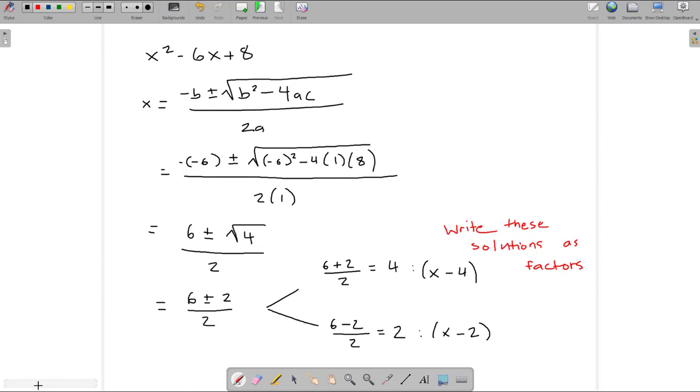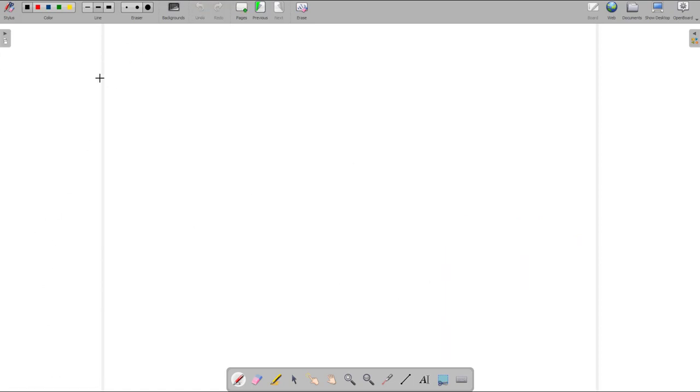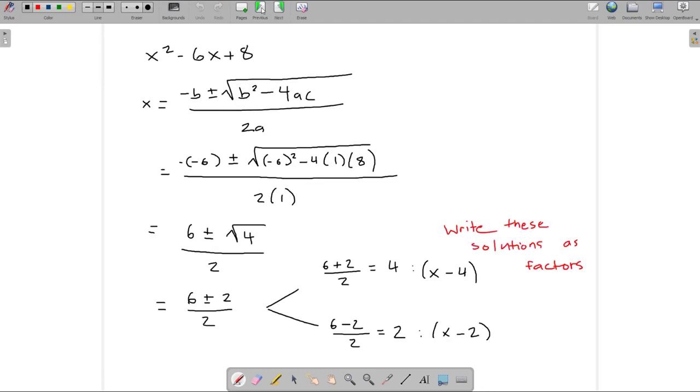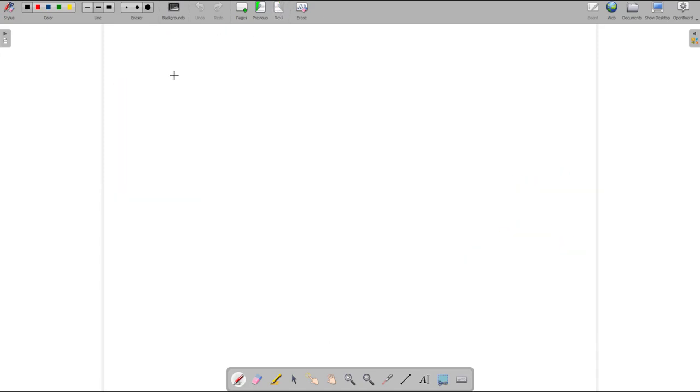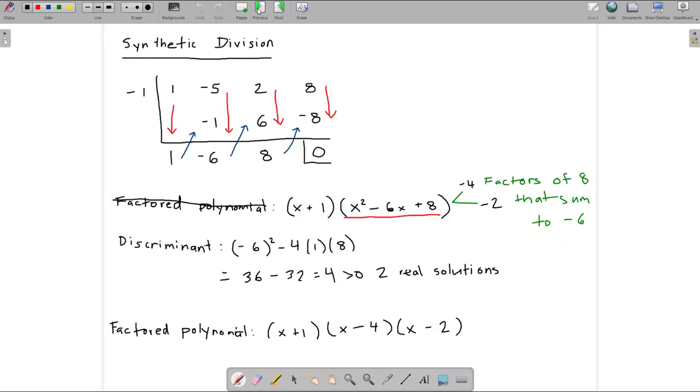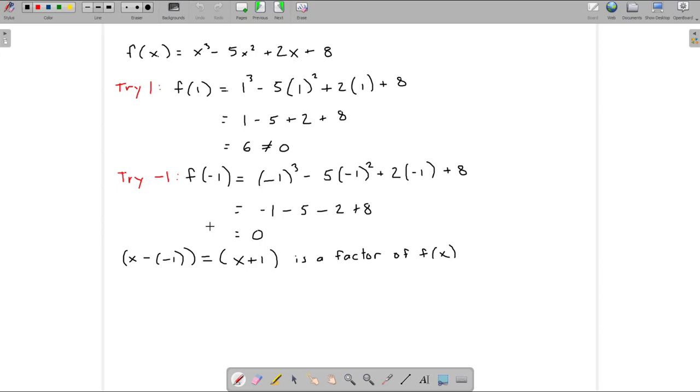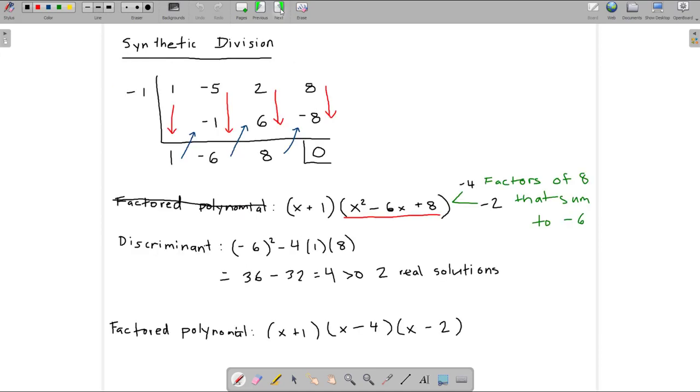Okay, so let's just finalize the answer to the question. It asked us to find the rational zeros of f of x by factoring, and we're supposed to put a complete list of the zeros and the factored version of f of x. So I would just write the zeros are the one that we found originally, which was -1, right?